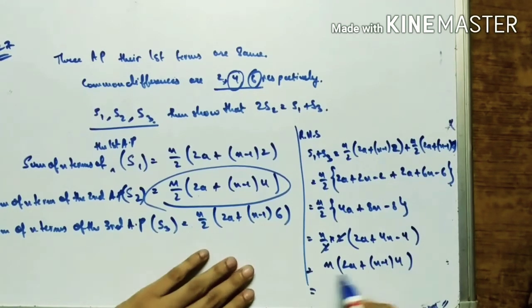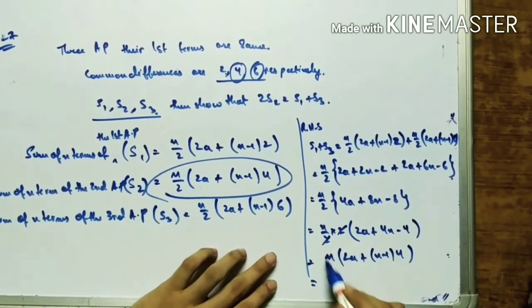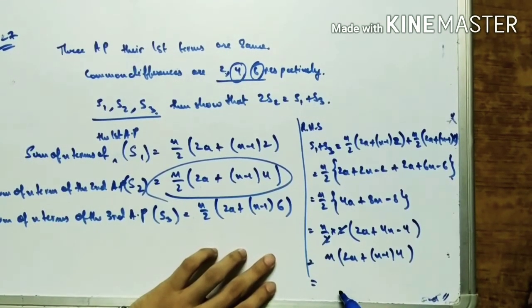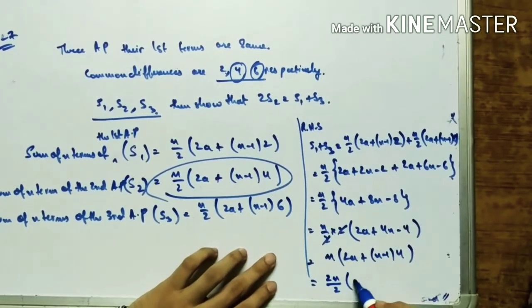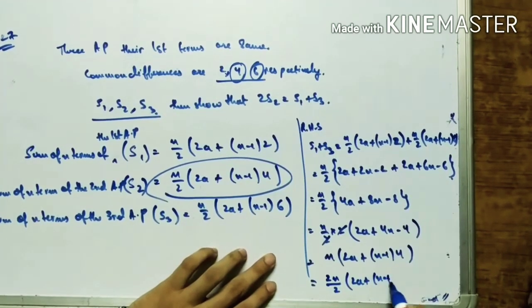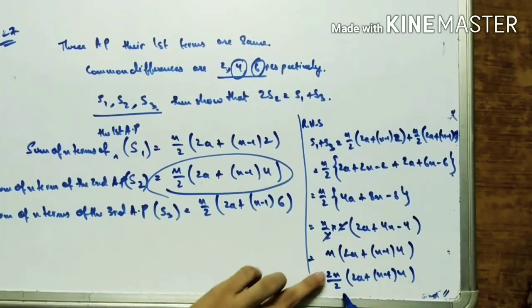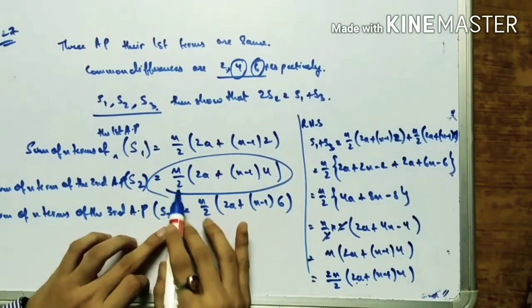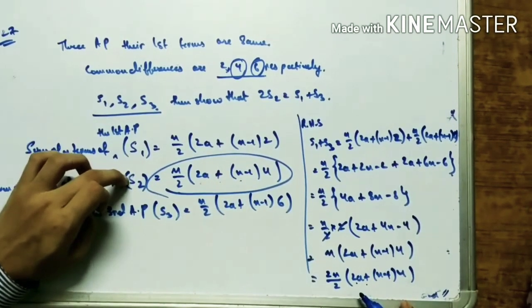So next, I got everything correct there. Now what I will do: multiply both sides by 2, numerator and denominator. So this one I will get twice n by 2, twice a plus n minus 1 into 4, understand? And you see, n by 2 twice a plus n minus 1 into 4, this is S2.